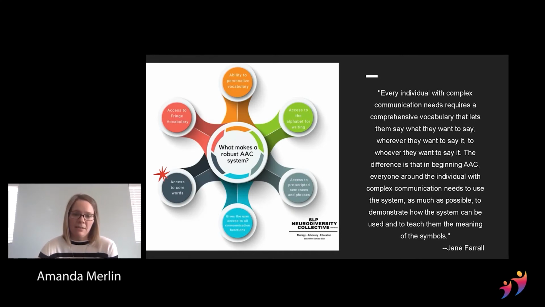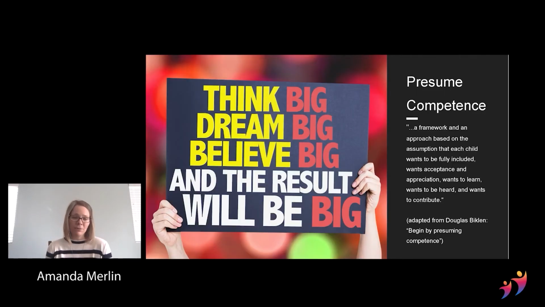And that leads us to a really big foundation, and that is we have to presume competence. Research shows that even mice perform better in their little mazes when people around them believe that they're going to perform better.